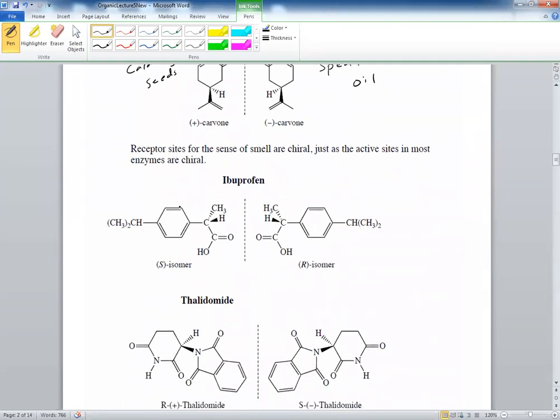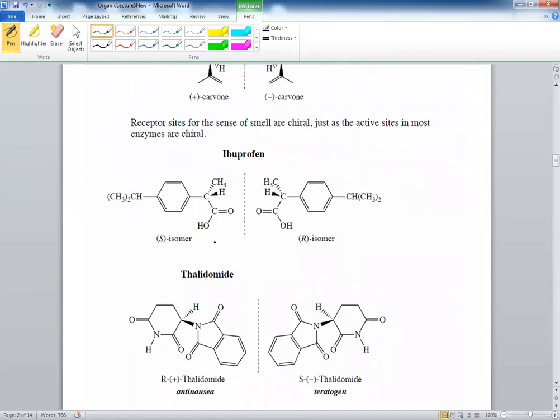You will see in the article that I posted, read it, you'll see how this has a profound effect on the efficacy of drugs. So you have the S isomer of ibuprofen and you have the R isomer. This one has the anti-inflammatory effects.